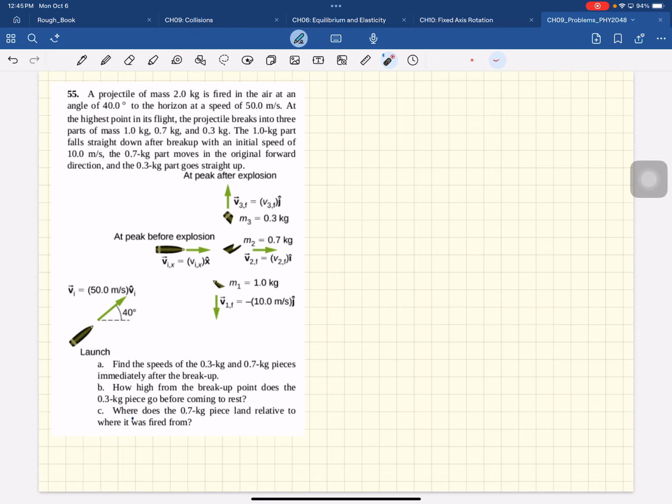All right, in this problem, a projectile of mass 2 kgs is fired in air at an angle of 40 degrees. So here's a projectile that's launched at a speed of 50 meters per second. At the highest point in its flight, the projectile breaks into 3 parts. So the 2 kg projectile breaks into these 3 parts.